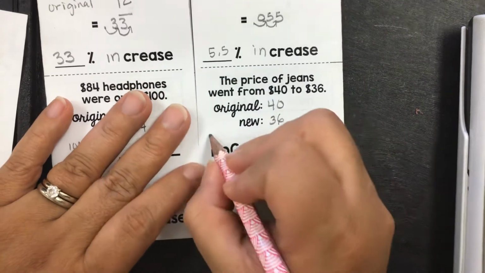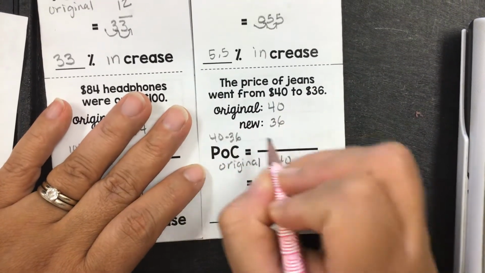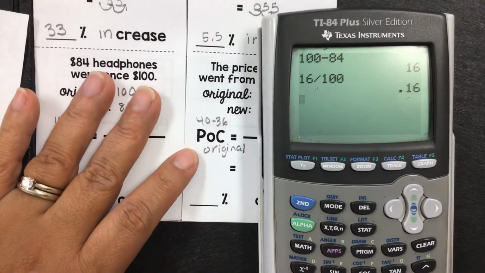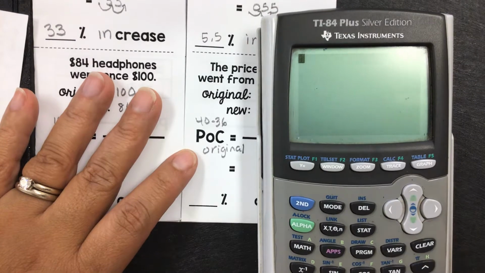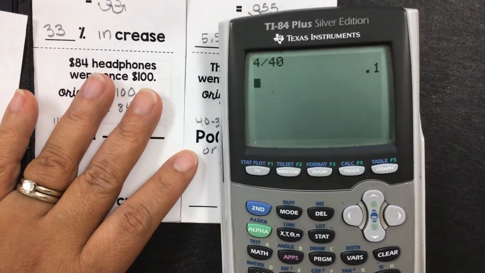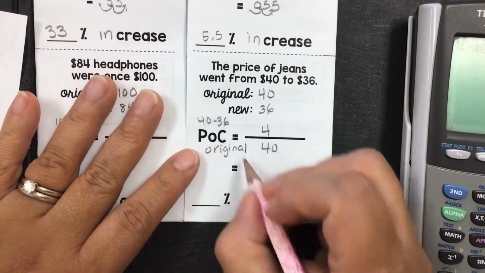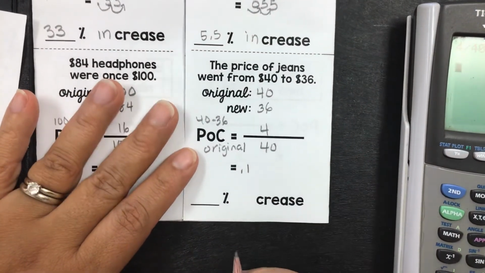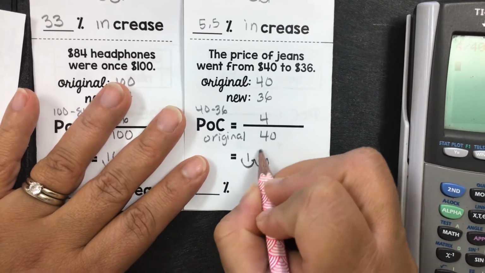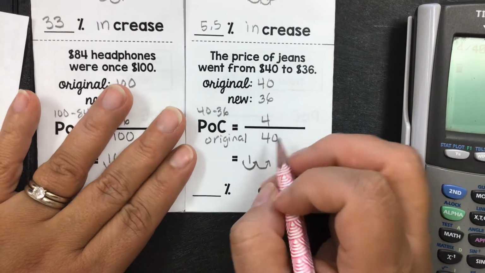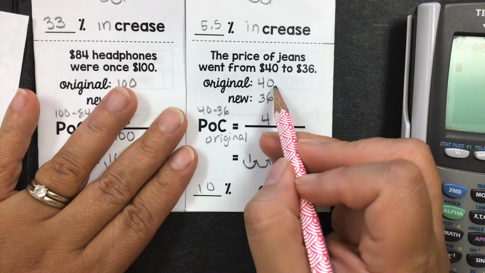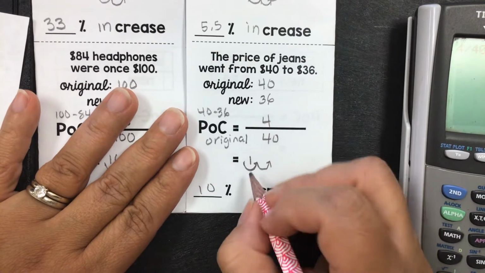And then the difference between 40 and 36 is the numerator, which will be 4. 4 divided by 40 is your decimal, 0.1. You move the decimal places 2 over, that's 1, 2. Since there's no number there, we put a placeholder of 0. So that's 10%. And since it went from 40 to 36, it is a decrease.